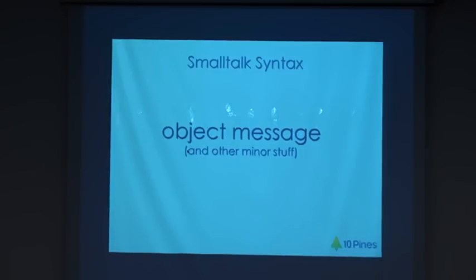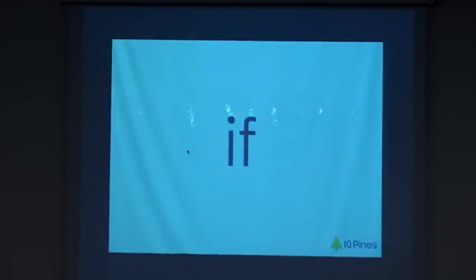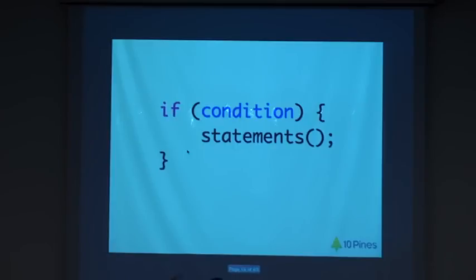So, how's the Smalltalk syntax? We all know that it's an object that receives a message and other stuff, not that important. In basic languages like Java, Algol-derived languages, the syntax is almost this one in every language.